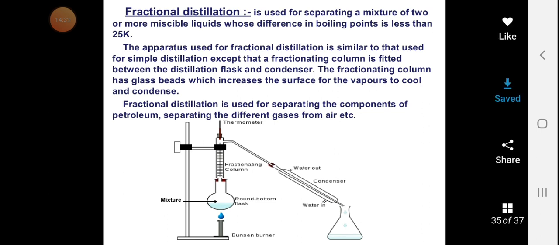gases from the air. Here they have a round bottom flask, they take the mixture, and they are using a Bunsen burner. At the same time they are using a fractional column and a thermometer. One by one, at different boiling temperatures, the mixtures get heated, convert into vapor, and this vapor passes through the condenser, which is kept in a slanting position.